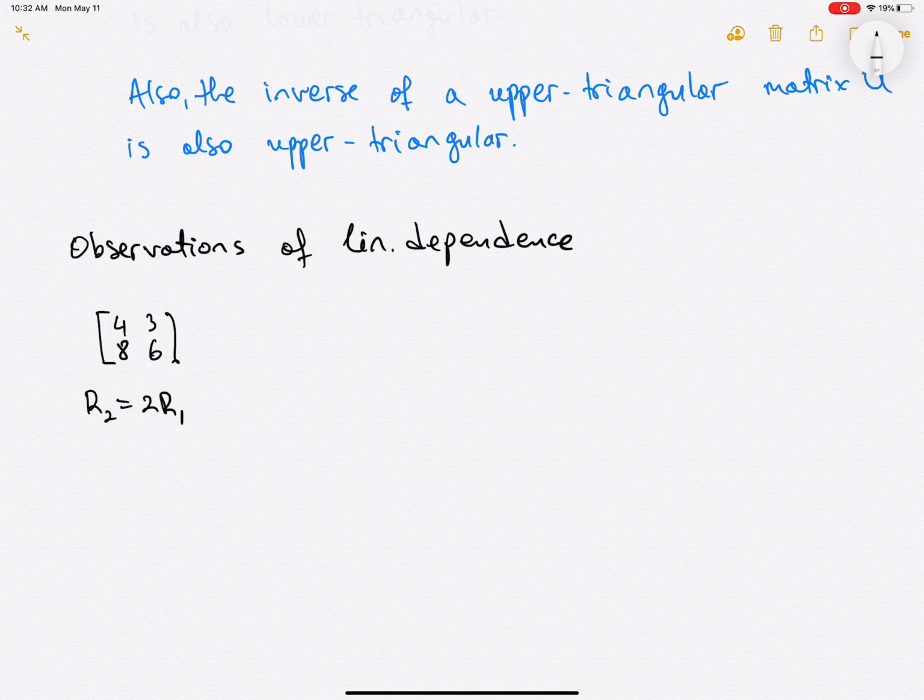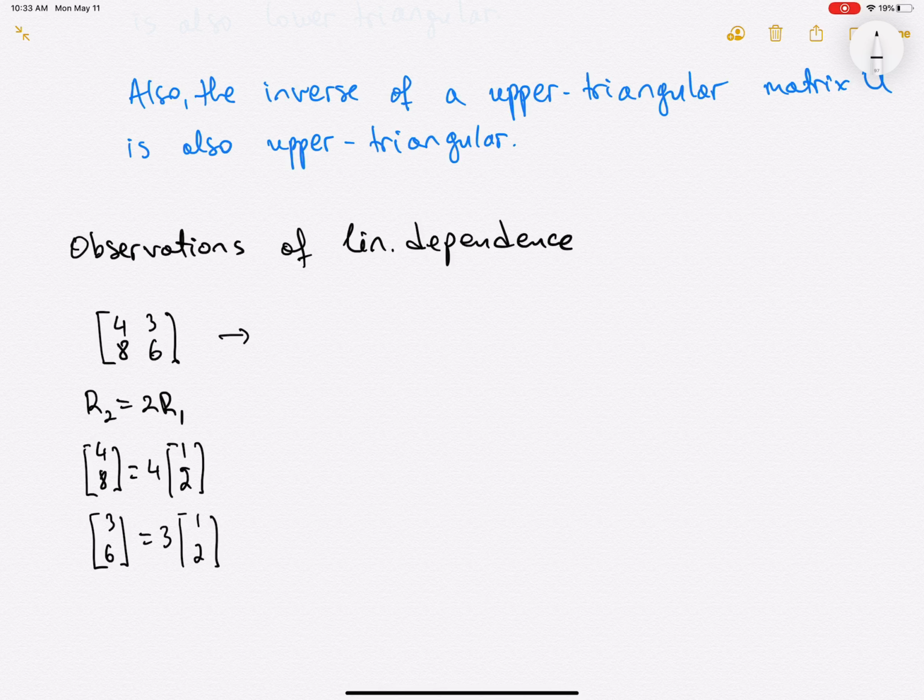Well, you see that the second component in each column is 2 times the first component in each column, which means that the vector 4, 8 is 4 times the vector 1, 2, and the vector 3, 6 is 3 times the vector 1, 2. So yes, indeed, they are linearly dependent because both are multiples of the same vector. So if we were to represent them geometrically, they would lie on the same line.